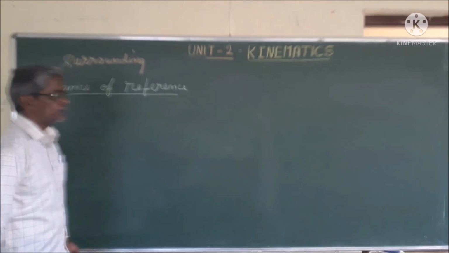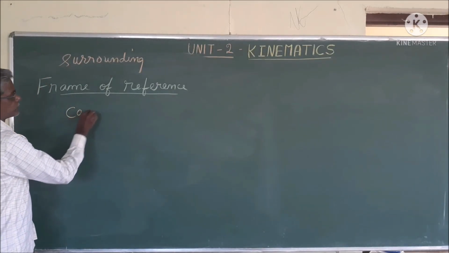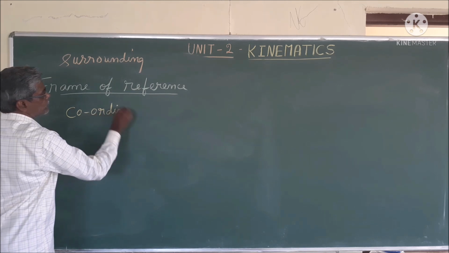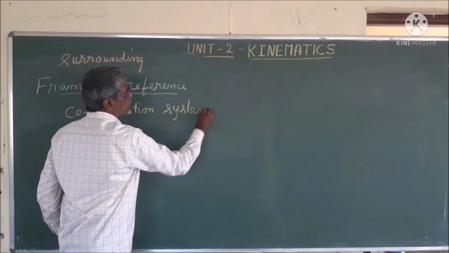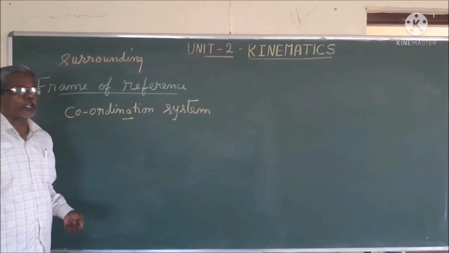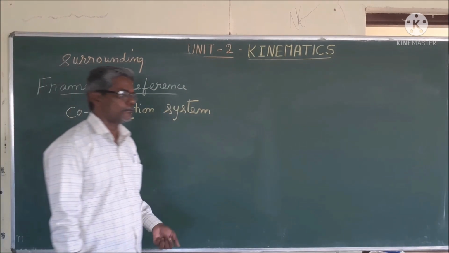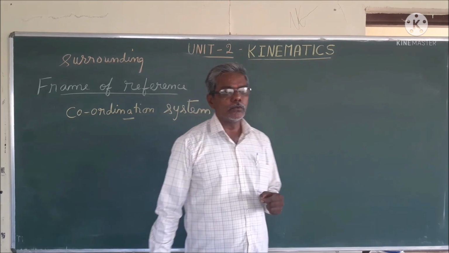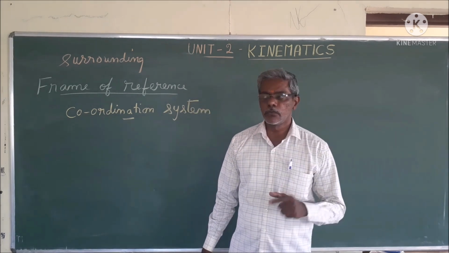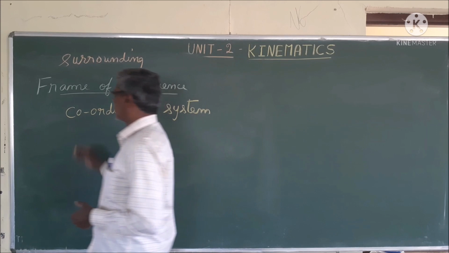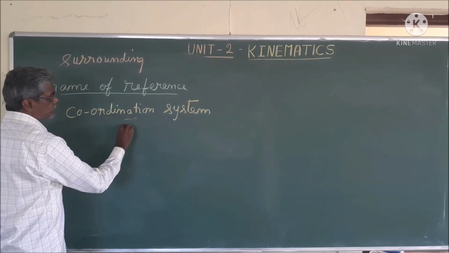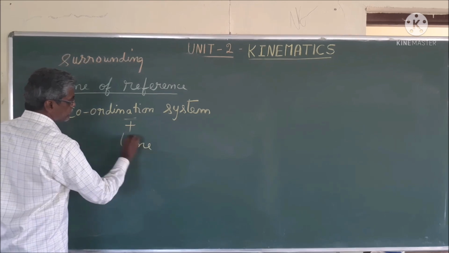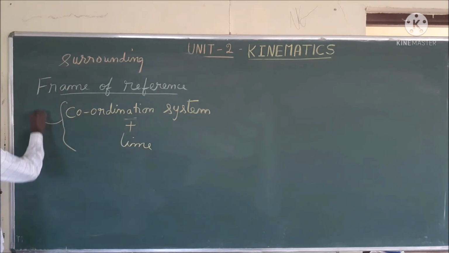This can be explained by coordinate system. Why do we need a coordinate system? If you want to find out the position of an object, we need a coordinate system. So I can tell coordinate system plus time will give frame of reference.